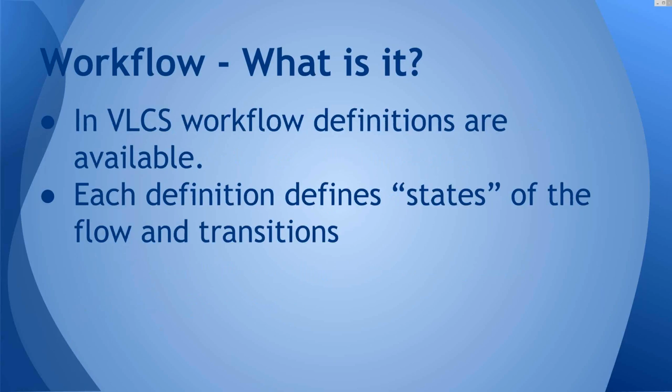So within our system, there's something called workflow definitions. And the definitions are unique. So there could be something like a single approver workflow, and I'll show you this on the next slide. But it basically defines certain states of an object and then the transition between those states.